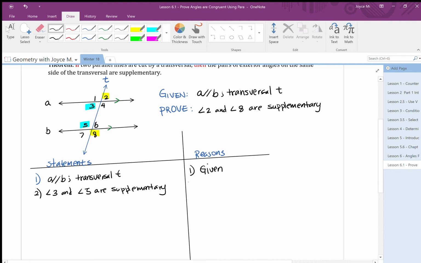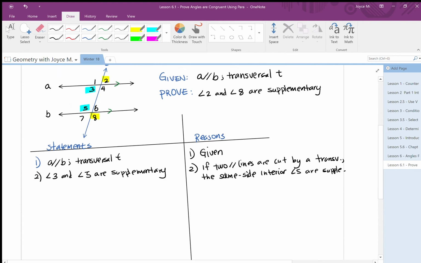So I'm going to write my reason: if two parallel lines are cut by a transversal, then same side interior angles are supplementary. Okay, so that's my reason.